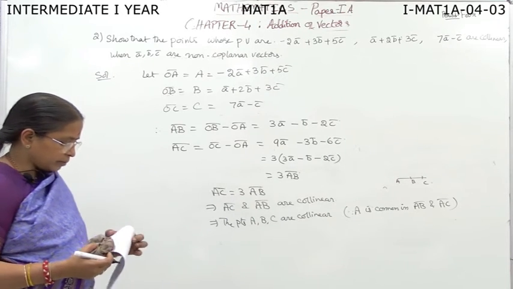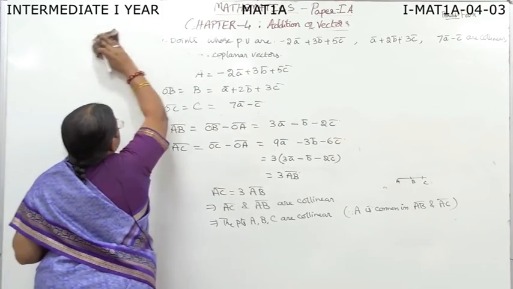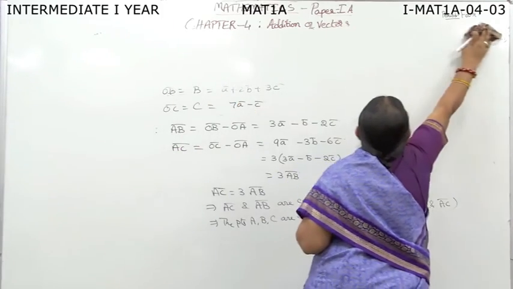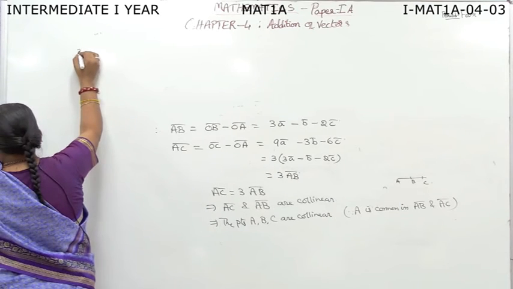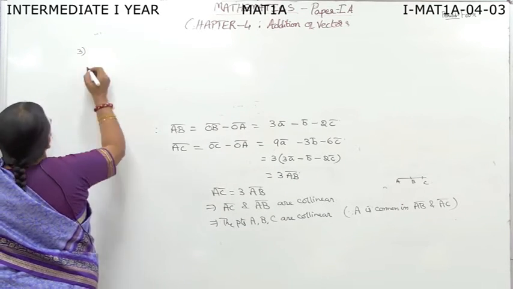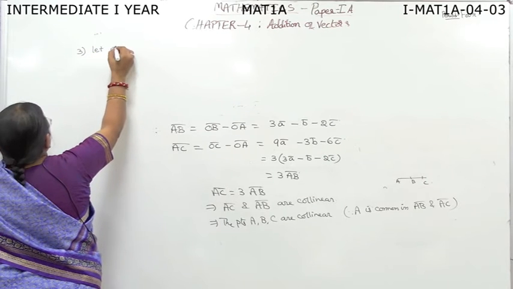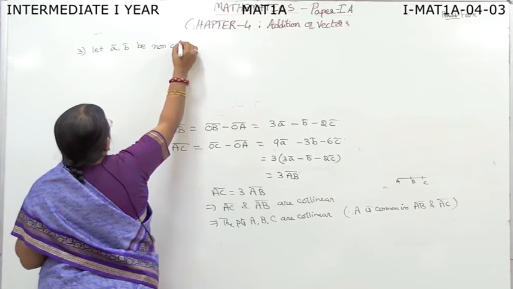Okay, next problem. Next, the third problem. Let A, B be non-collinear vectors.